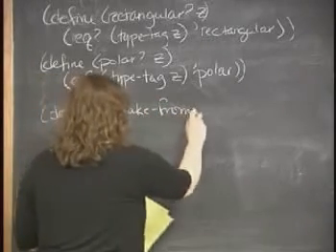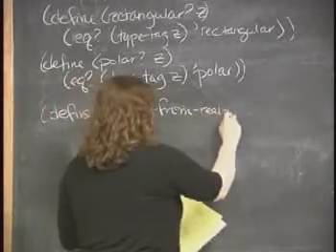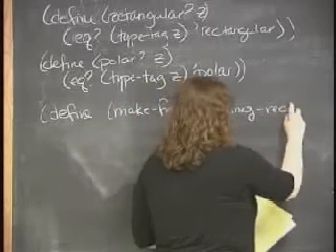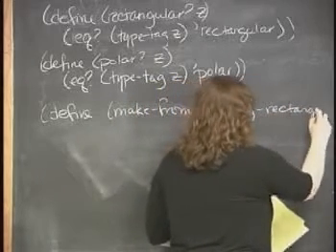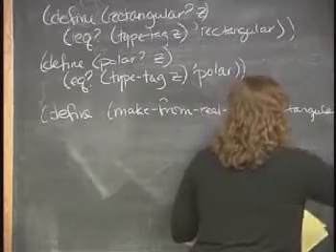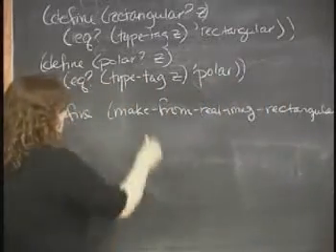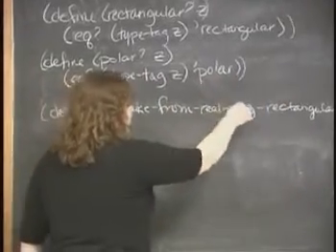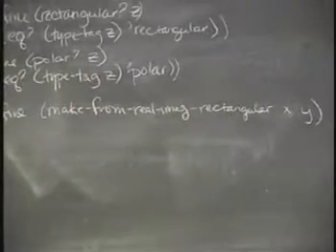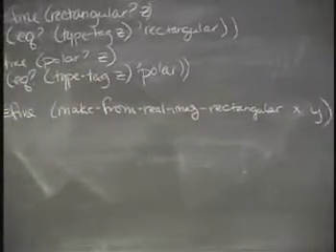make from real imag rectangular. Okay. So this is telling me I've got a real part, an imaginary part, and I want to make a rectangular number, rectangular representation. So what am I going to do with my x and my y?